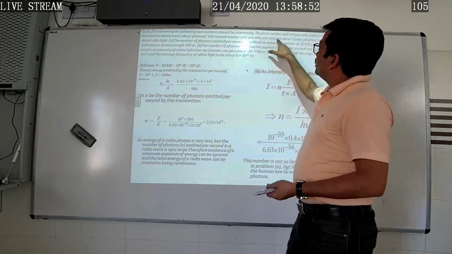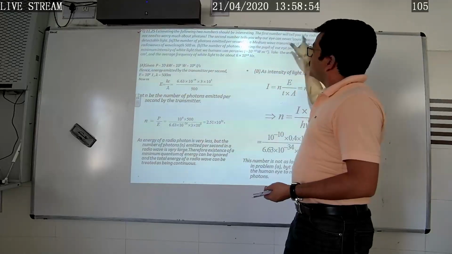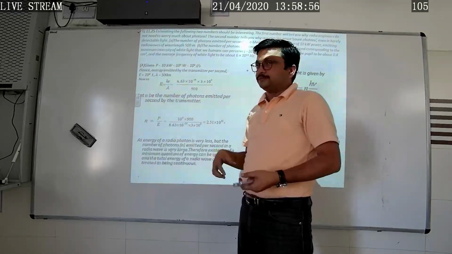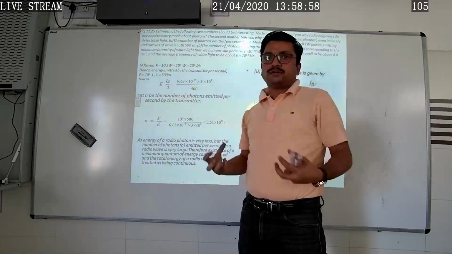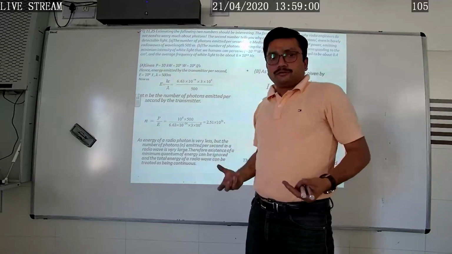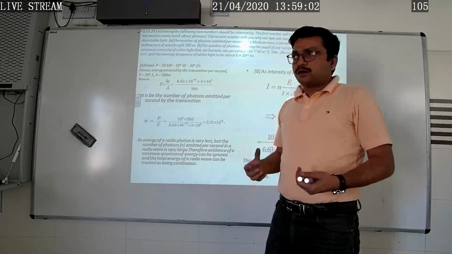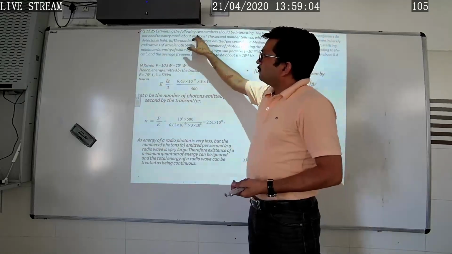The second number tells you why our eye can never count the photons even in barely detectable light. Very large numbers of photons are entering our eye, and radio engineers do not bother about the photons.